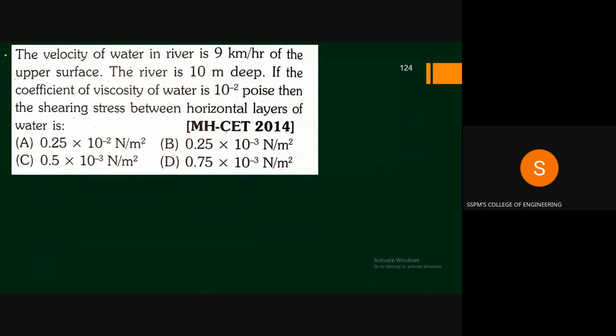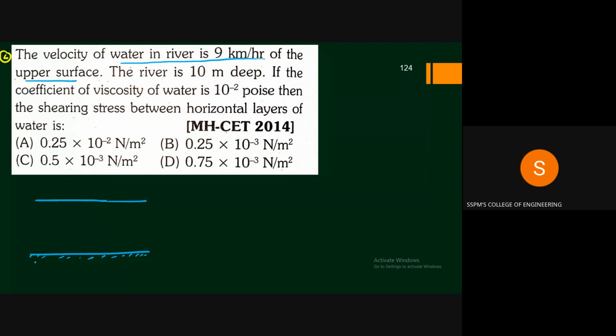Okay, ready for the next question. The velocity of the water in the river is 9 kilometer per hour for the upper surface. The schematic diagram is like this. This is the ground, and there is a liquid in the river.